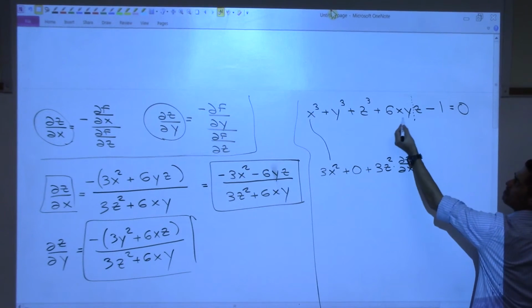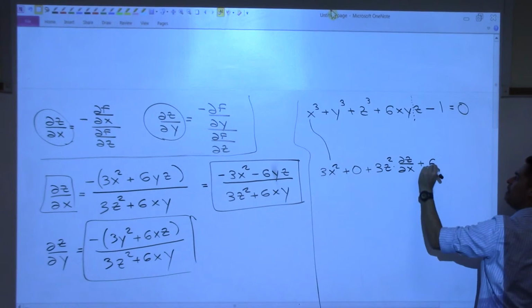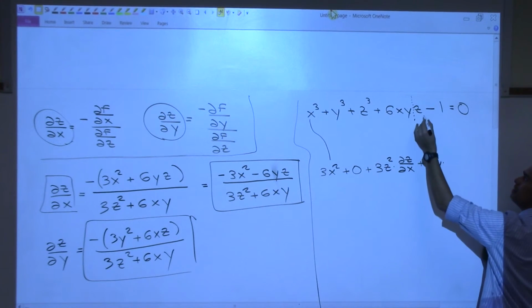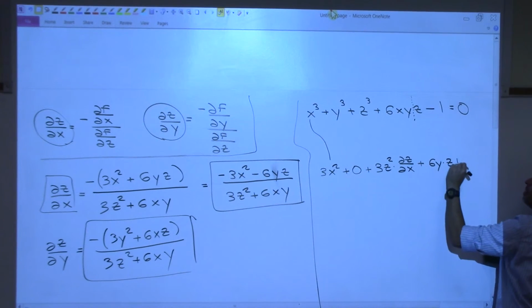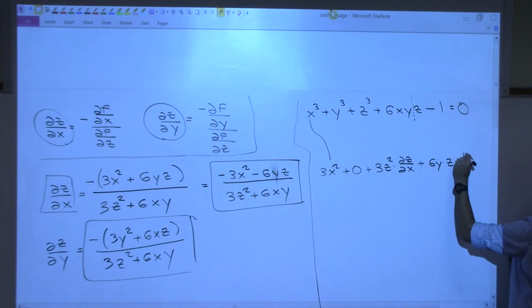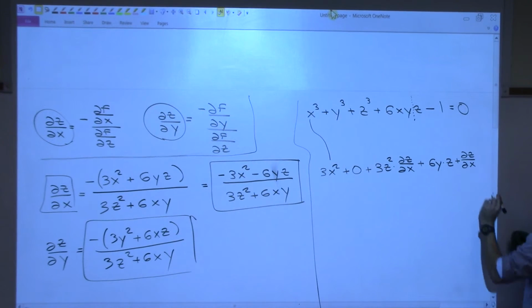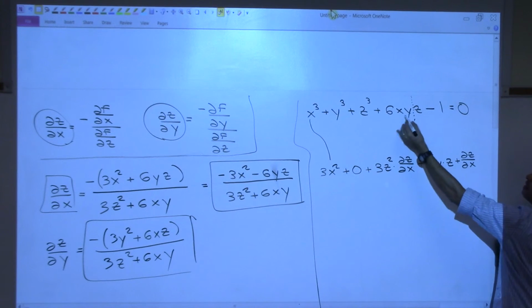So derivative of this with respect to x, which is 6y, times z, plus derivative of z, or partial, z with respect to x, times 6xy.